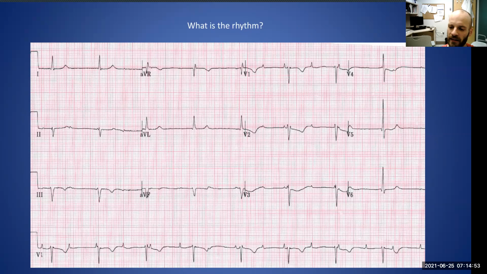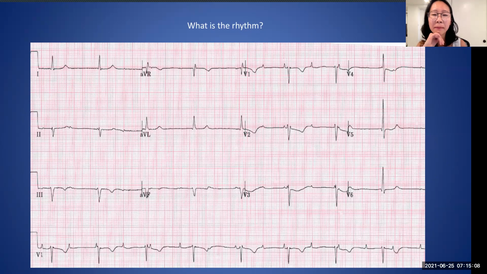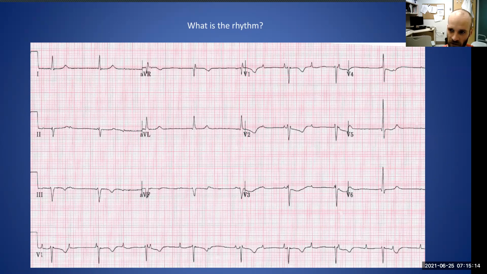Nearly, but not quite. So anyone else? Can anyone else help Anne out? What's first degree AV block? That's when a QRS gets missed. No missed QRSs. I think it's when there's one big square that takes up the space between the P to R segment. That's good, that's a good start.